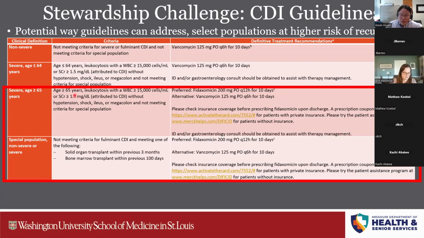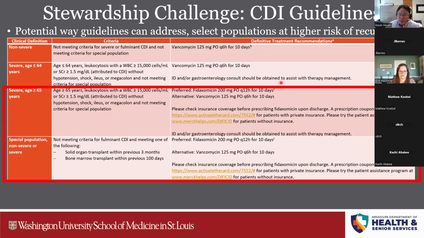So age greater than 65 years, very high leukocytosis or other systemic signs when they initially had severe C. diff, or people with non-severe C. diff who have very significant immunocompromising conditions. Those we preferred fidaxomicin over vancomycin, but otherwise we tried to use vancomycin as much as possible.